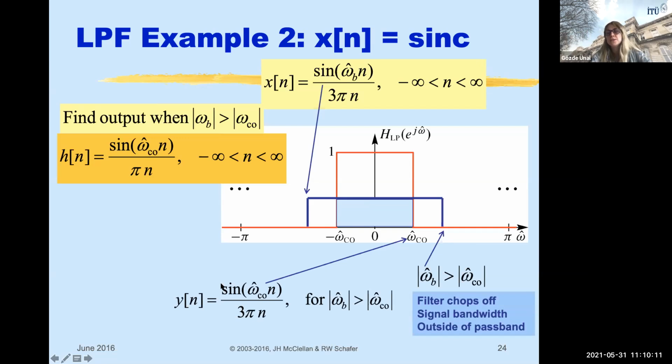Of course, with 1/3 amplitude, but the filter itself. Filter chops off these extra frequencies where omega hat B is larger than omega hat cutoff, because signal bandwidth was outside the pass band. Visually, it's very easy to work in Fourier domain. I hope you guys can see. It's really very, very intuitive.